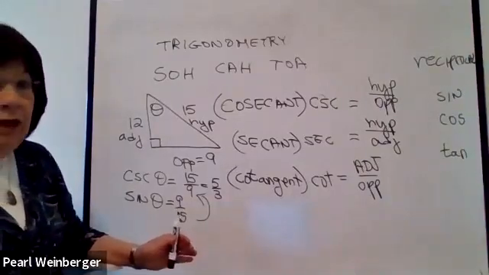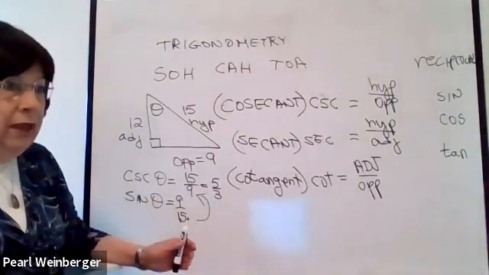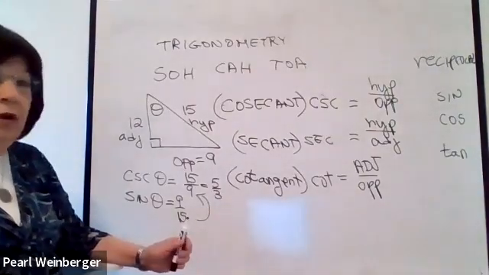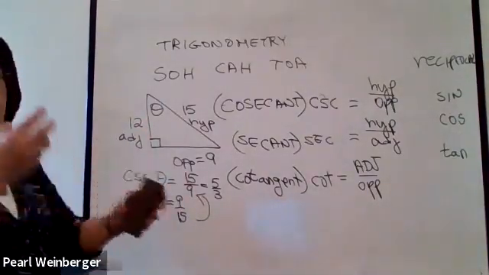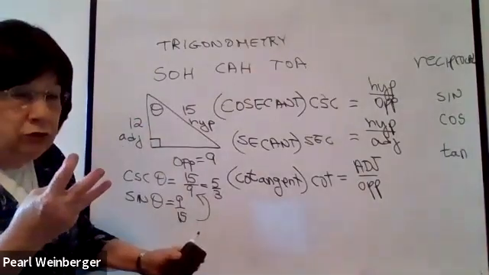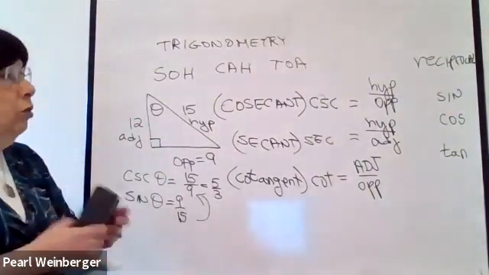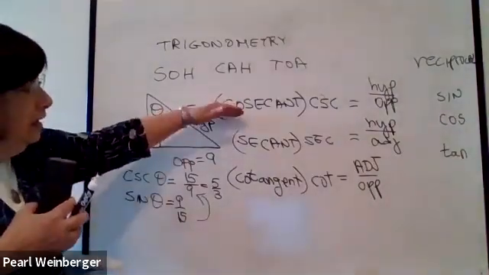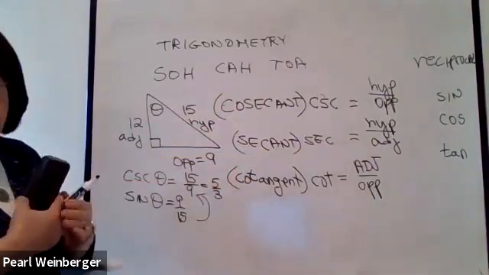You have to know how to figure out the third side of a right triangle and how to find any one of the three primary trigonometric functions, sine, cosine, or tangent, or one of the secondary ones, the cosecant, the secant, and the cotangent.